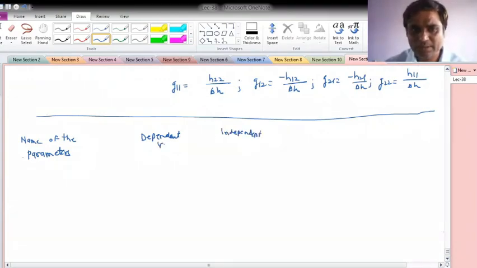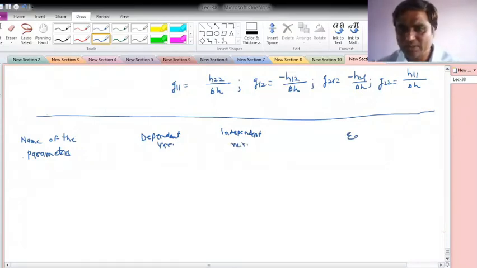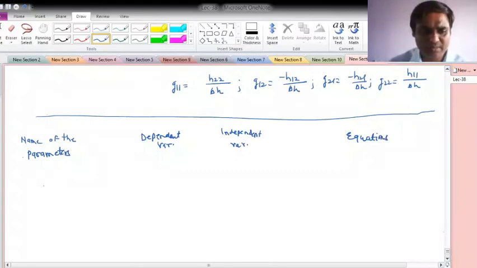So: dependent variables, independent variables, and what are the equations. So the first parameter let me call the open circuit parameter.